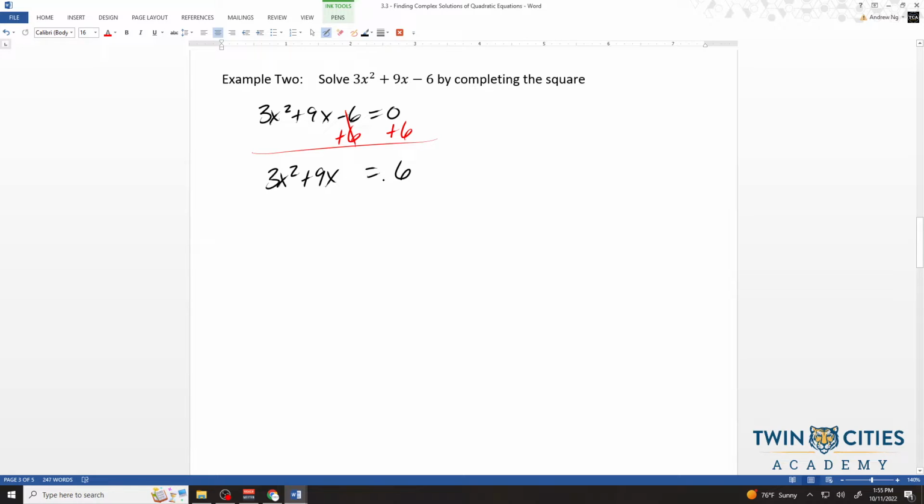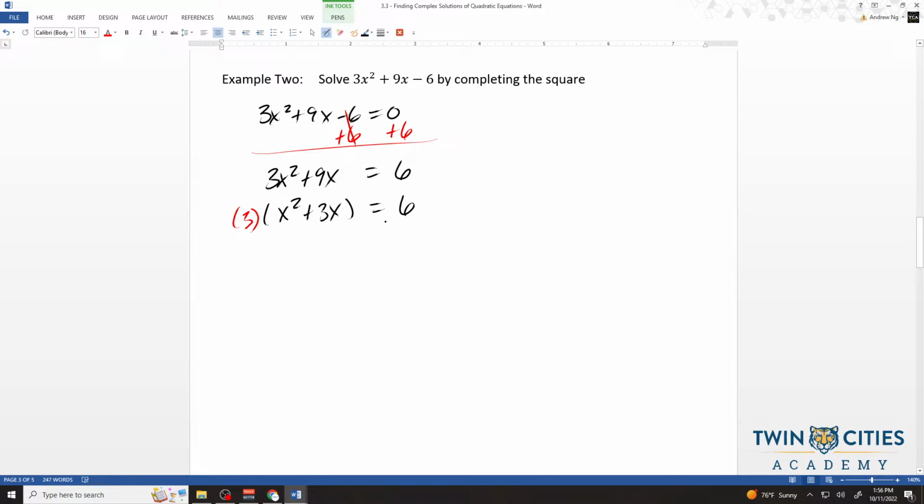Now what I want to do is get x squared by itself. So right now this is 3x squared. So I'm going to factor out a 3. Okay, so I'm going to factor out this 3. And that's going to leave on the inside here x squared plus 3x equals 6.